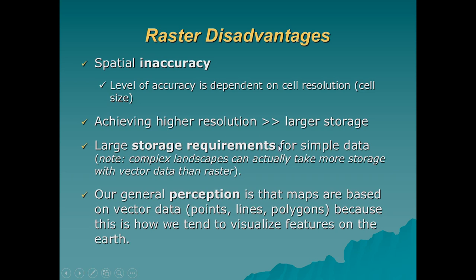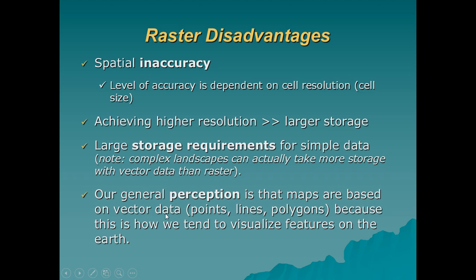Large storage requirement, you need large storage requirements even for simple data. Alright, so this is one of the things you have to remember about a raster representation. It usually requires larger data storage than the vector. And also, generally, our general perception is that maps are based on vector.